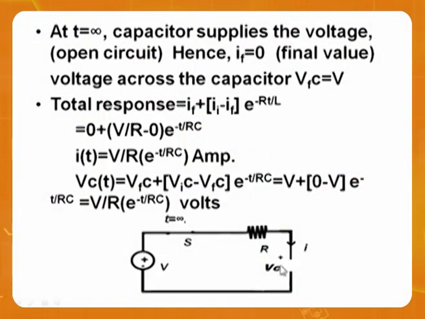So current is 0, but voltage is total. So the final value of the voltage here is supply V. Initial value is 0. Now substitute here. Final value is V. Initial value is 0 minus final, e power minus t by tau. Therefore, the answer is V by R e power minus t by tau.